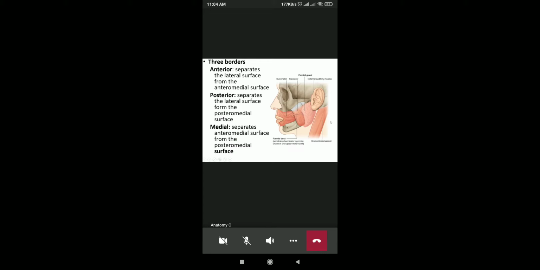So there are three borders: anterior border, posterior border, and the medial border. Medial border is between the anteromedial and the posteromedial surface in the inner aspect, and the anterior border is this, and the posterior border is here. So they are the three borders of the parotid gland.